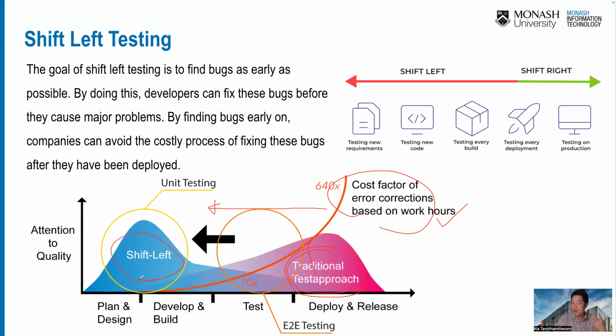That's the shift left concept here. Test from the planning and the design. Start testing early during the development and the build process. The test here should be the acceptance testing already, or testing every build and every deployment, that kind of thing. Okay, makes sense, everyone? That's shift left testing.